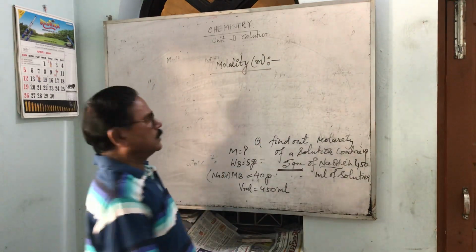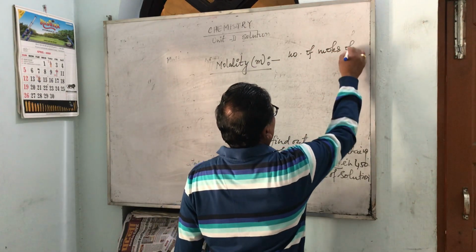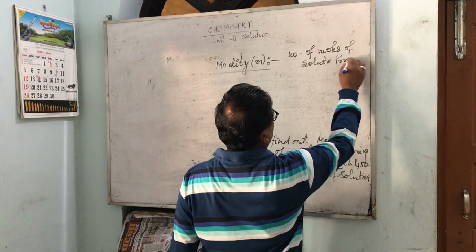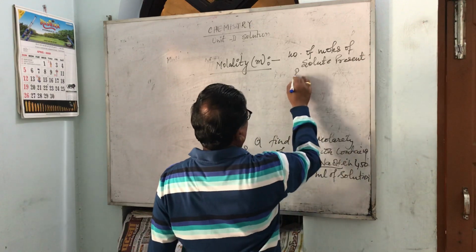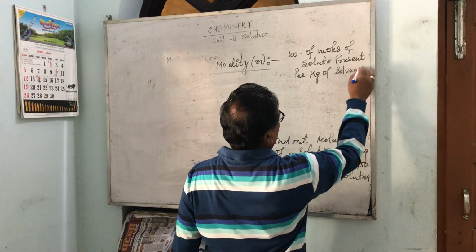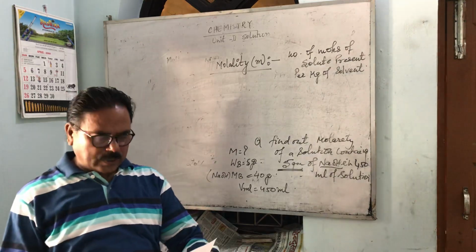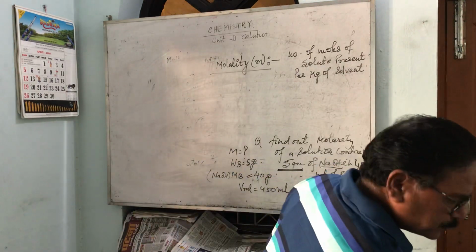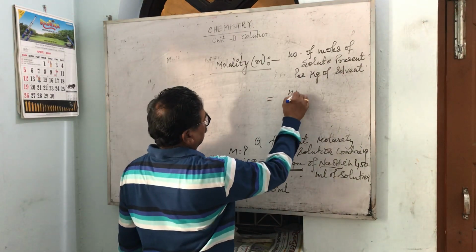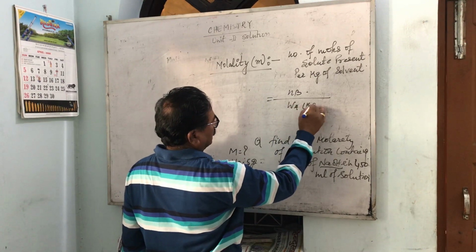Molality is the number of moles of solute present per kg of solvent. So this is m. It is the number of moles NB, and per kg of solvent, WA is the mass of solvent in kilogram.